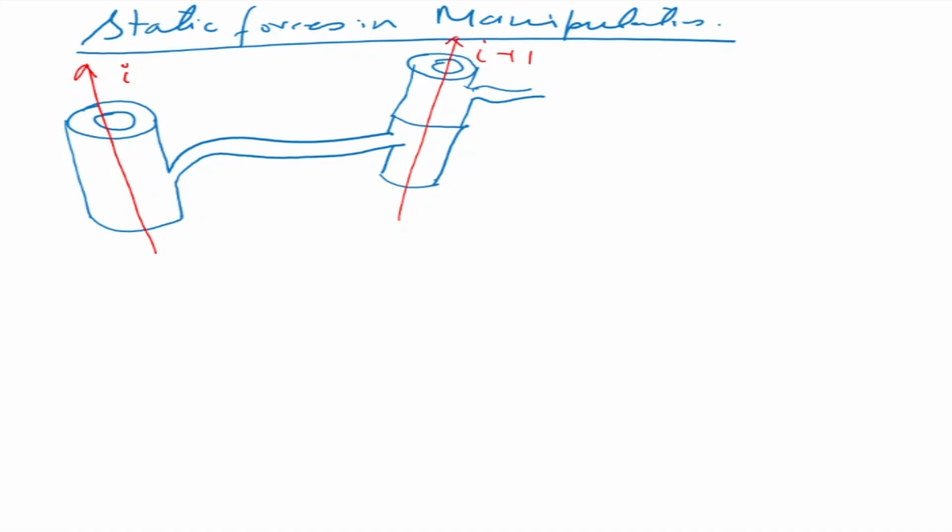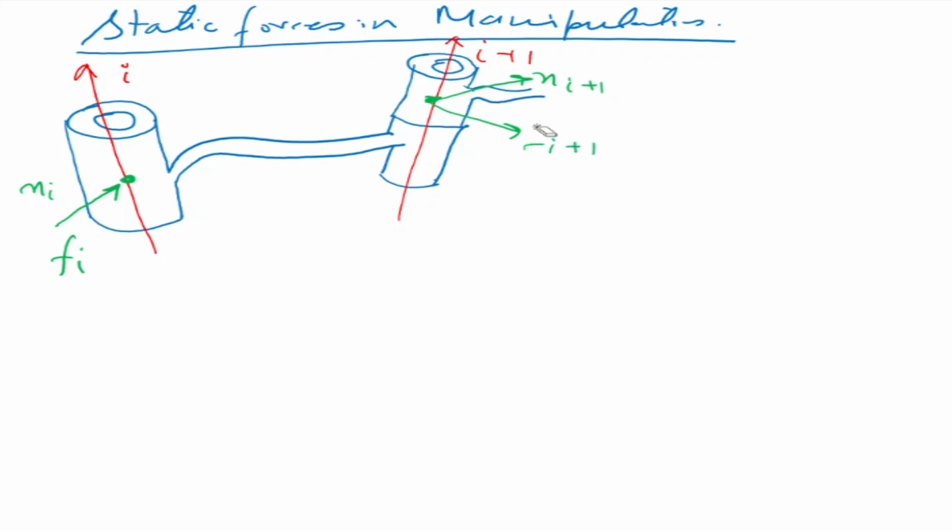Now let us say that at this point we have forces and moments acting. There's the force Fi and there's a moment Ni acting there. And on the next link here, there is also an Ni plus 1 and a force Fi plus 1.